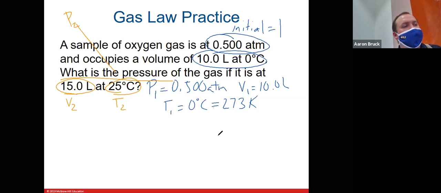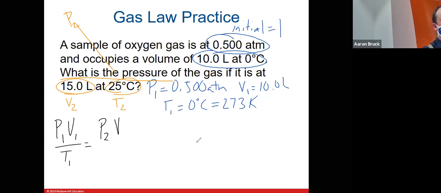So that must be our P2. We don't know what it is. We're going to have a variable that we need to solve for. So using the combined gas law, P1 V1 over T1 is equal to P2 V2 over T2.